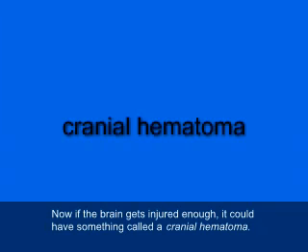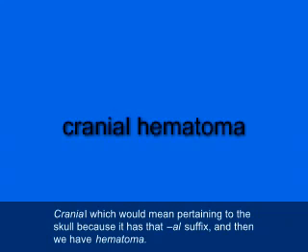Now, if the brain gets injured enough, it could have something called a cranial hematoma. Cranial, which would mean pertaining to the skull because it has that al suffix. And then we have hematoma.